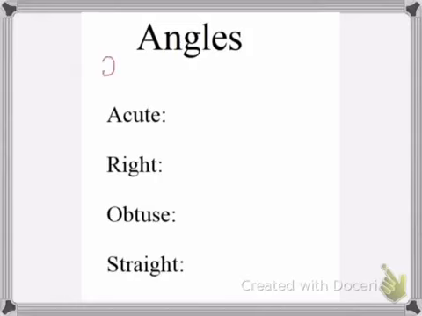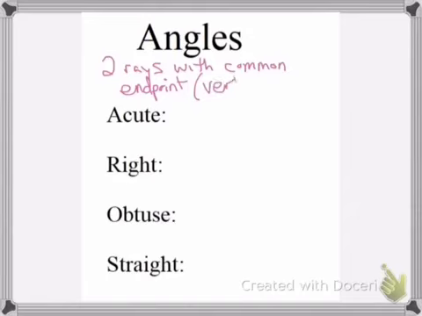Angles are created with two rays that have a common endpoint. That common endpoint is called the vertex. If you remember from our last video, we talked about opposite rays, and those were rays that shared a common endpoint.